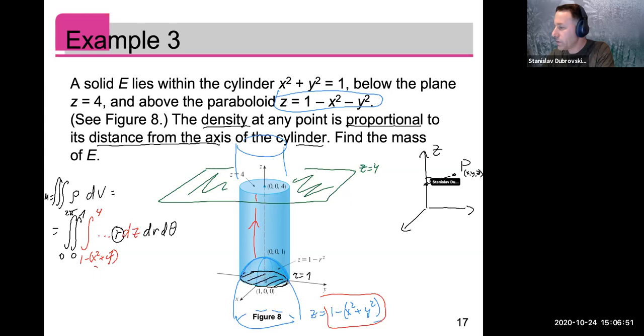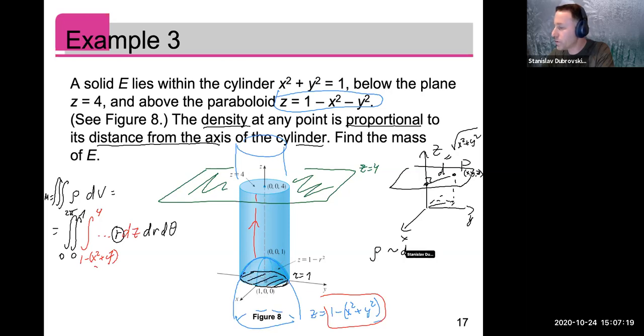Well, we can project the whole situation onto the xy plane, and we can see that x and y will matter, and z not so much, right? Because z doesn't change. So this distance d will be nothing but the square root of x squared plus y squared. Okay, and that is what our density is proportional to.